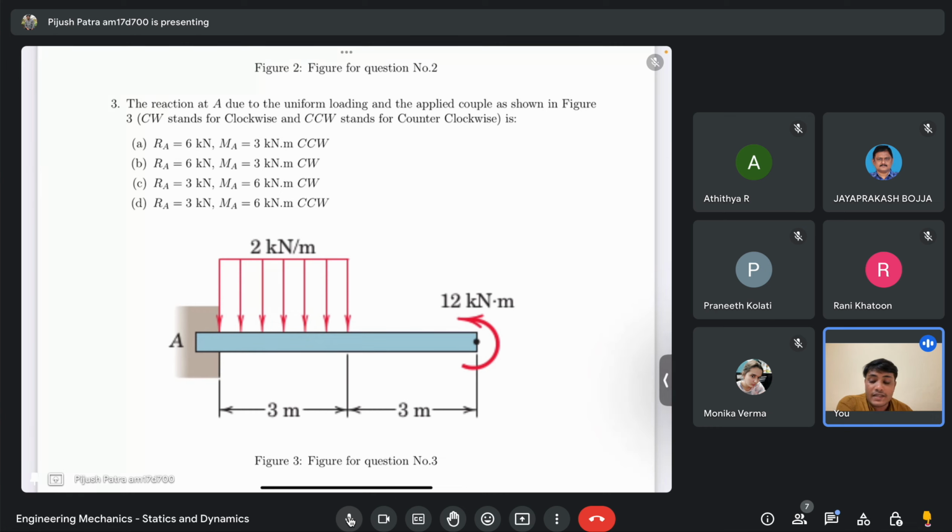The net reaction moment at the pin support is 0. You can easily say that, because about the pin support it can rotate. So you have three unknowns: two reaction forces RAX and RAY, and one moment reaction which is MA.